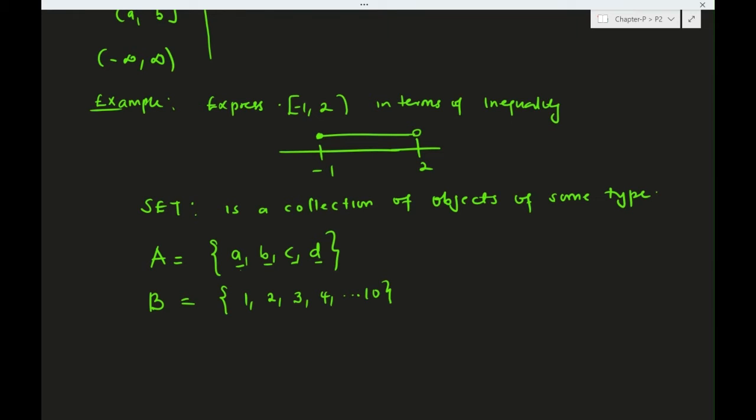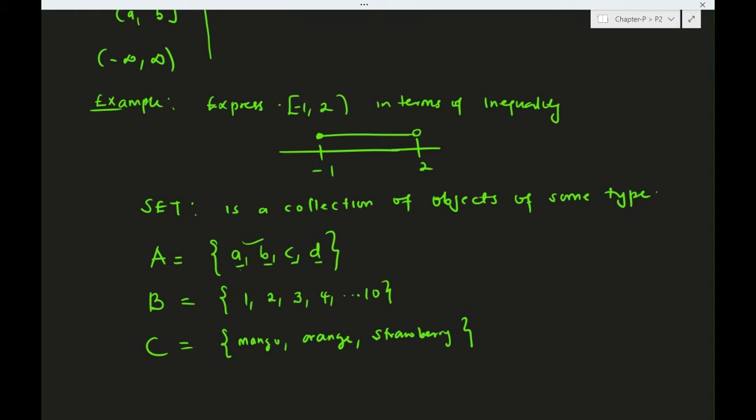If you look at this, you see that when we have a set, something is usually common. These are sets of alphabets, while these ones are sets of numbers. So there is something common for all the elements. They are of similar type. For example, we can have another set C consisting of, let's say, mango, orange, and strawberry.